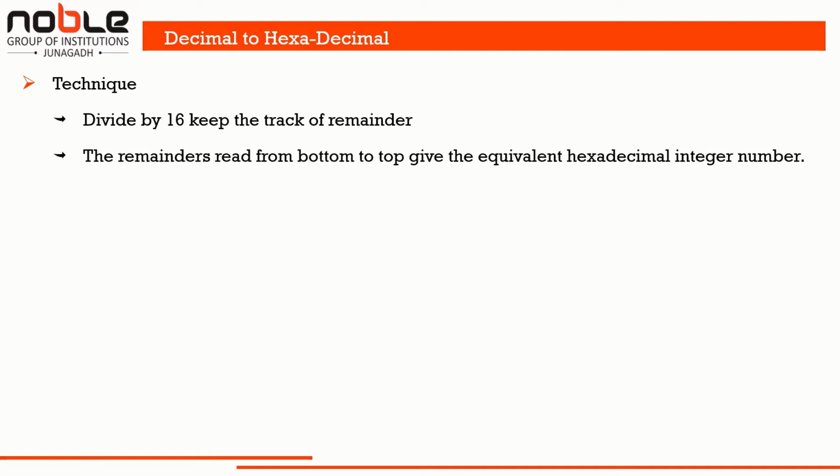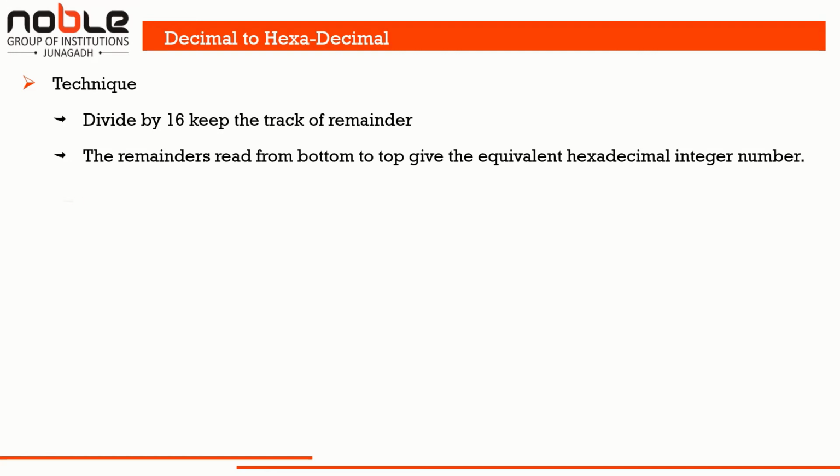In the successive division by 16 method, the given decimal integer number is successively divided by 16 till the quotient is 0. In the successive multiplication by 16 method, the given decimal fraction and subsequent fractions are successively multiplied by 16 until the fraction part of the product is 0 or till the desired accuracy is obtained.